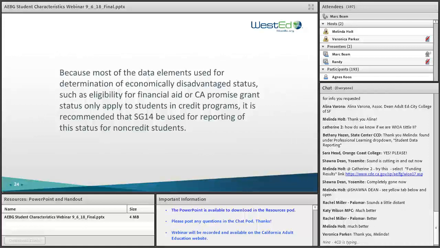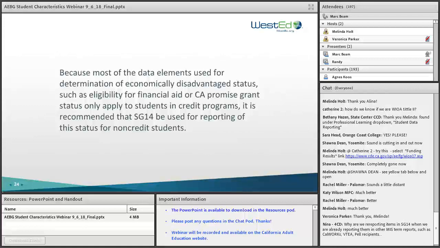Before everyone asks these questions, I have formed a group to get some input from the field and make some suggestions to the Chancellor's Office so that we can have some clarity regarding this data element, because it does overlap with some others.